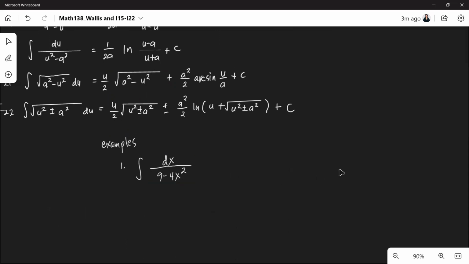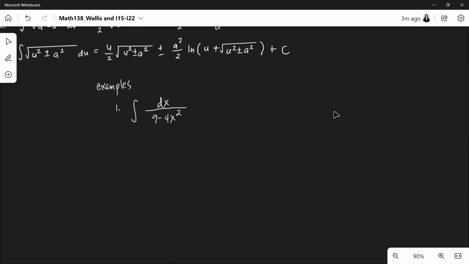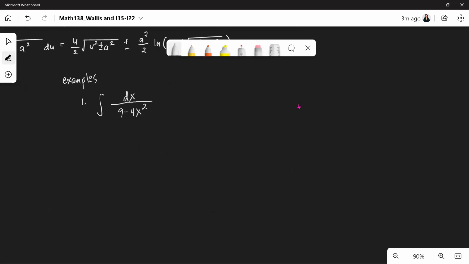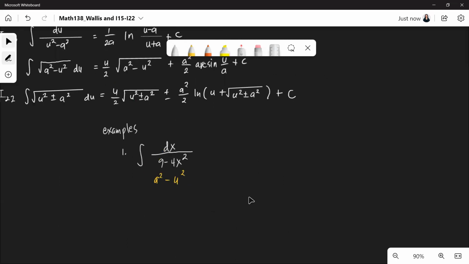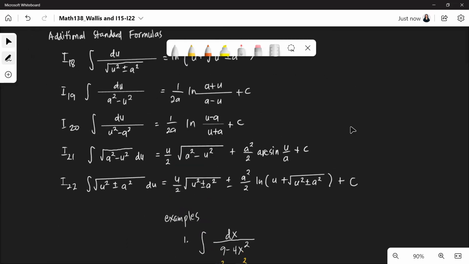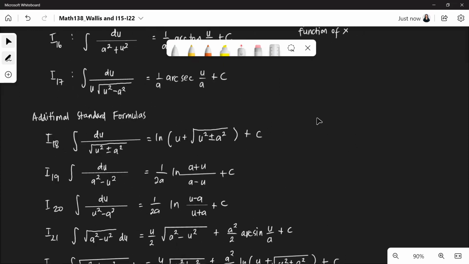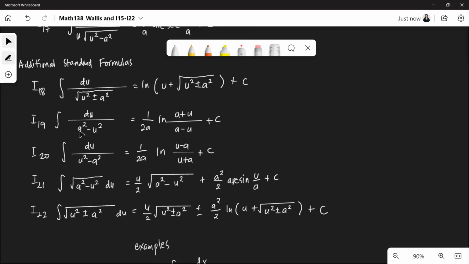So our target is a squared minus u squared. Let's look for that formula. Again, it's not a radical. There's no square root. So a squared minus u squared is I-19.